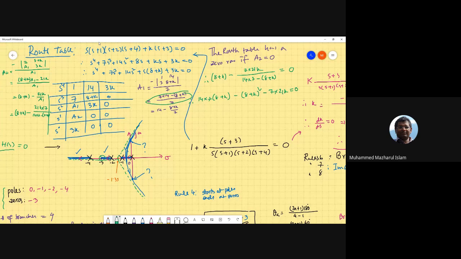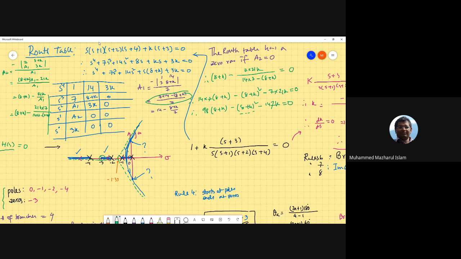So 7 into 14 is 98, and minus 8 plus k whole square, you have to break it down, of course. Minus 8 plus k whole square, and 7 into 21 is 144, right? No, 147. Now break down this 8 plus k whole square and then rearrange.